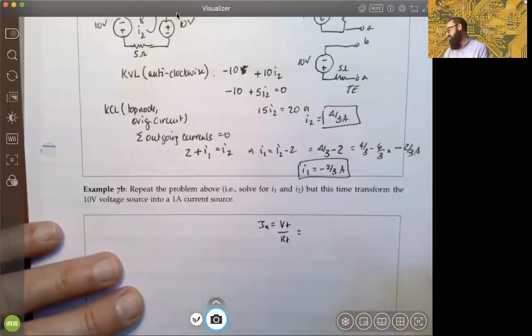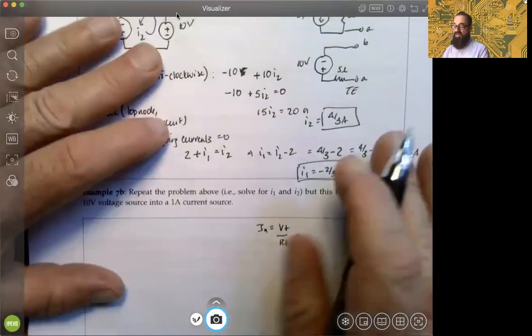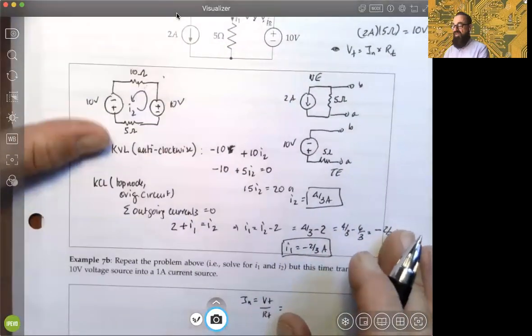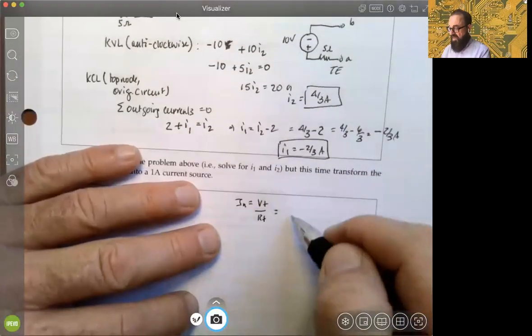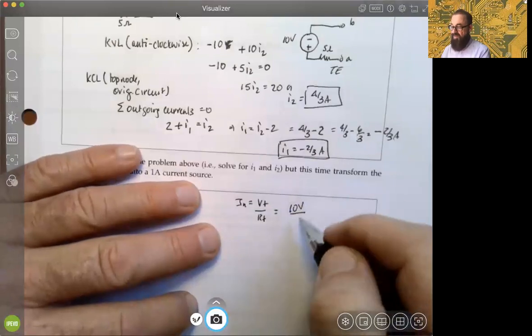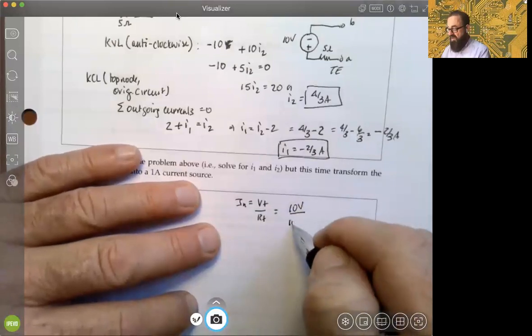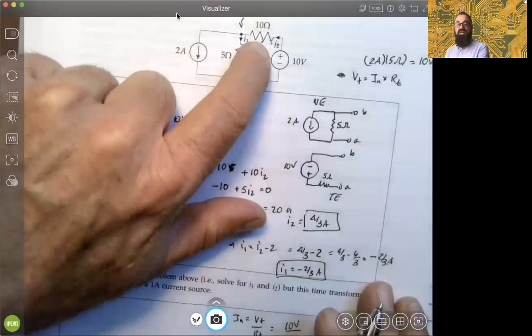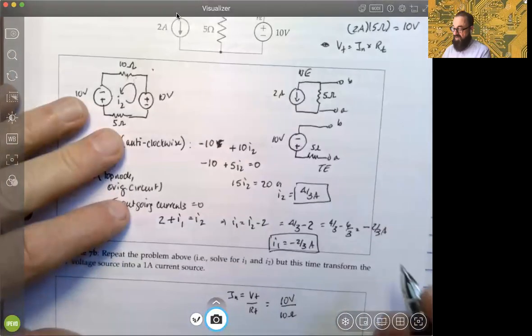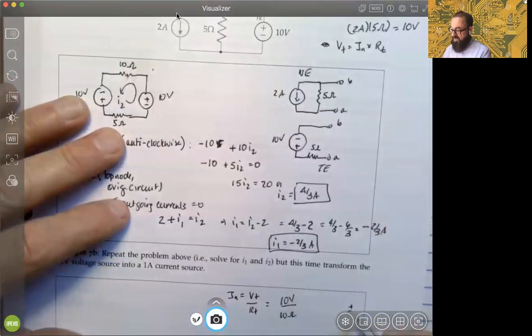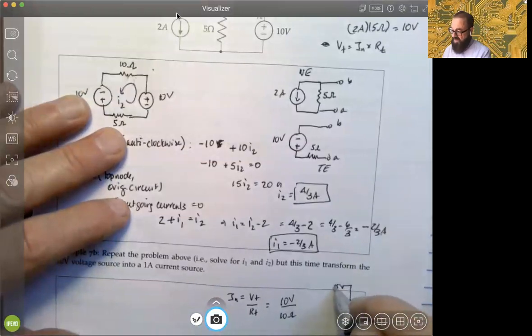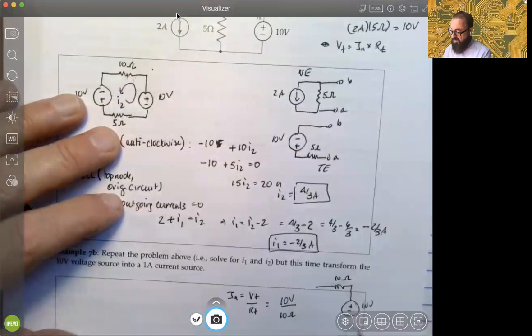So in this case, we are switching out this 10 volt Thevenin voltage. IN has to be 10 volts divided by 10 ohms, the Thevenin resistance.